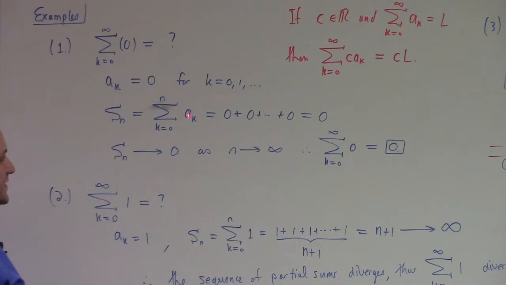The nth partial sum is 0 plus 0 plus 0 plus 0 plus 0 plus 0 plus 0 plus 0. I can calculate this for arbitrary n, not a problem. 0. So clearly S sub n is the constant sequence 0, which converges to 0 as n goes to infinity. Therefore, by definition of convergent series, the sum from k equals 0 to infinity of 0 is indeed 0.